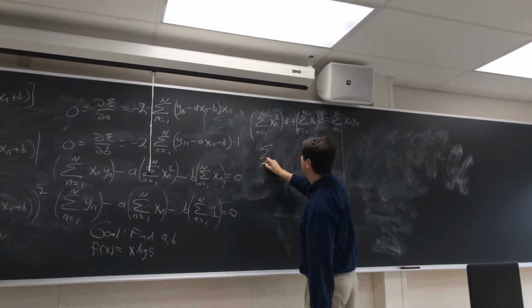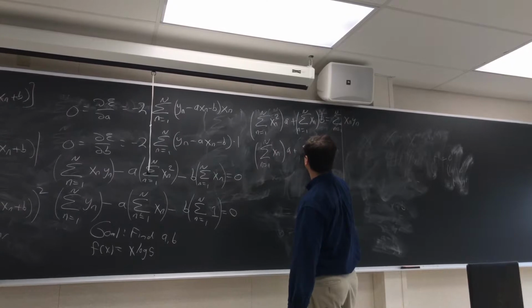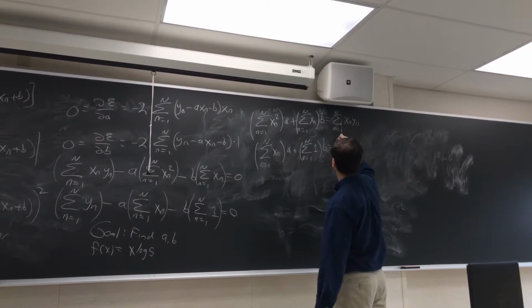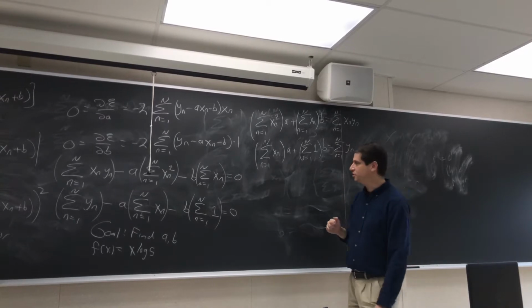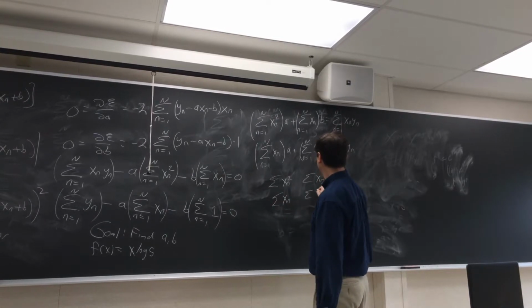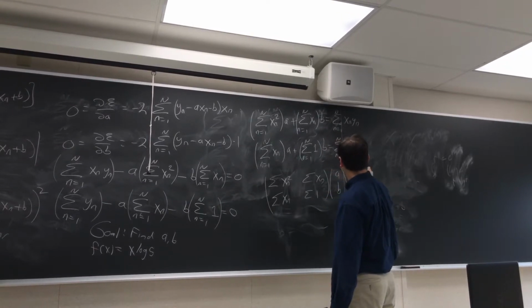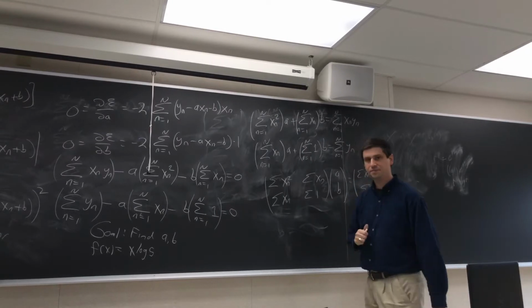And the second is the sum, n goes from 1 to n of xn times a, plus the sum, n goes from 1 to n of 1 times b, is the sum, n goes from 1 to n of yn. Well, for those of you who like matrix notation, it's the sum of xn squared, the sum of xn, the sum of xn, the sum of 1, acting on a and b, equals the sum of xn yn, the sum of yn.